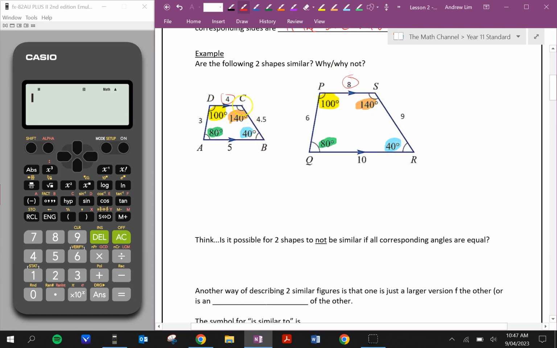SR corresponds with CB, 9 divided by 4.5 is also 2. QR corresponds to AB, 10 divided by 5 is also 2. And PQ corresponds to DA, 6 divided by 3, also 2. So yes, they are similar because all the corresponding angles are equal.